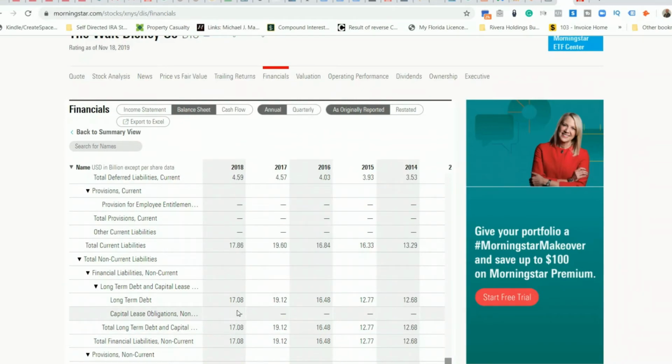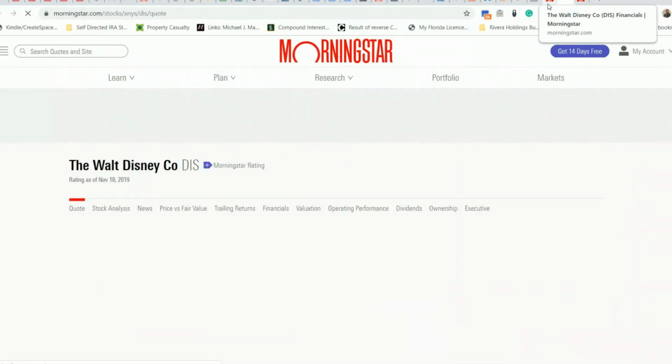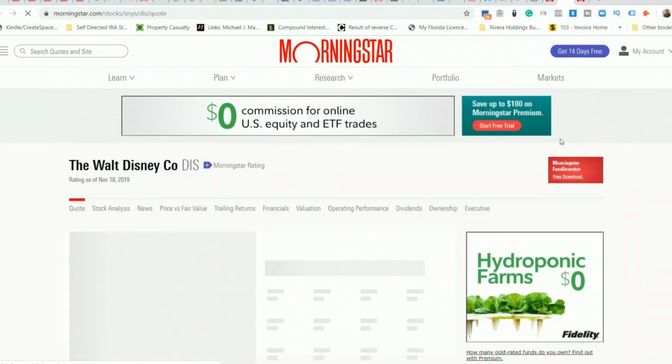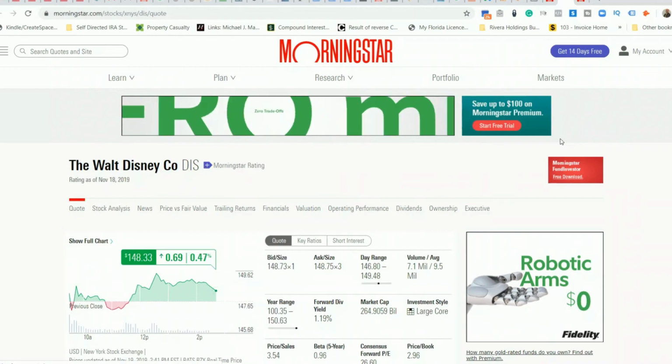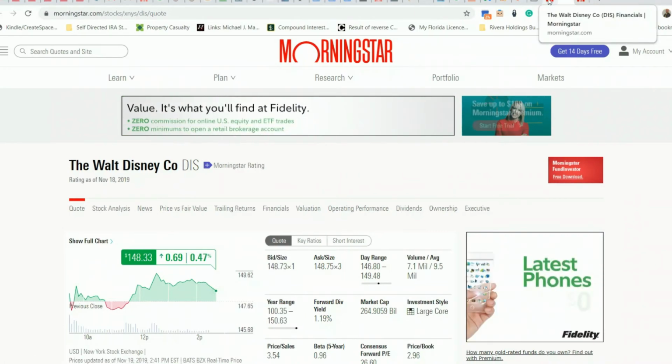So they have about $20 billion in debt for what size is the company? For $20 billion in debt for a $265 billion company, that's pretty much nothing.